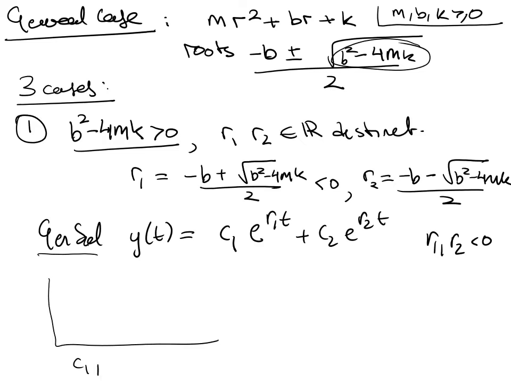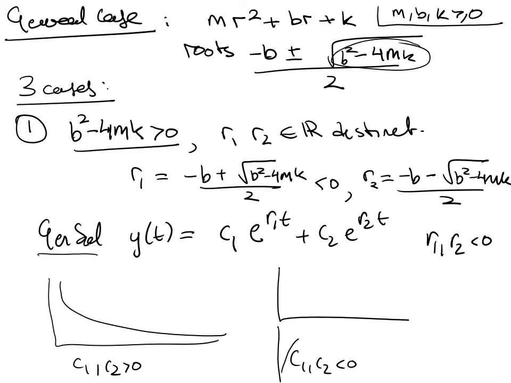If both C1 and C2 are positive, you're going to get a decaying exponential, like this. If C1 and C2 are negative, you're going to get the same thing, but like this. And if C1 is positive and C2 is negative, you might get something that looks like this. But the point I want to make is, in all three of these cases, there's no oscillation.